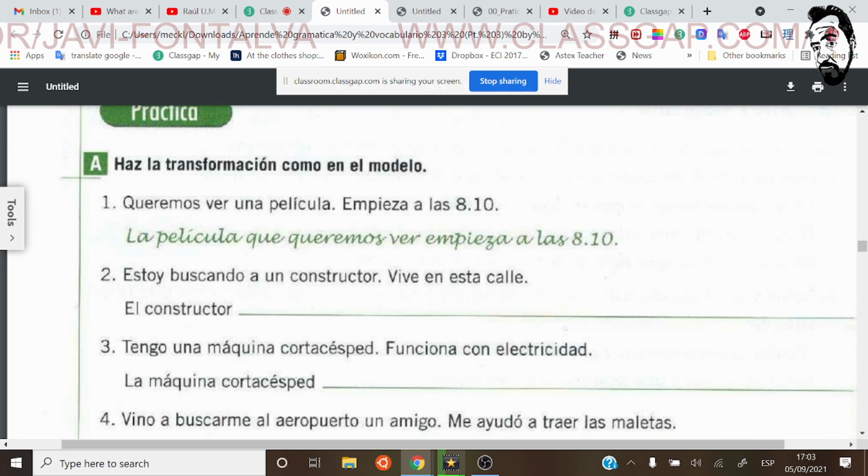Alright, number 2. Estoy buscando a un constructor. So, I'm looking for a constructor. Vive en esta calle. He lives in this street.